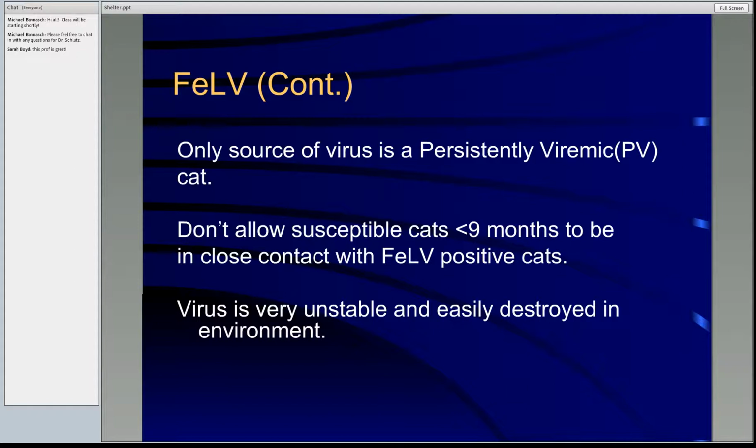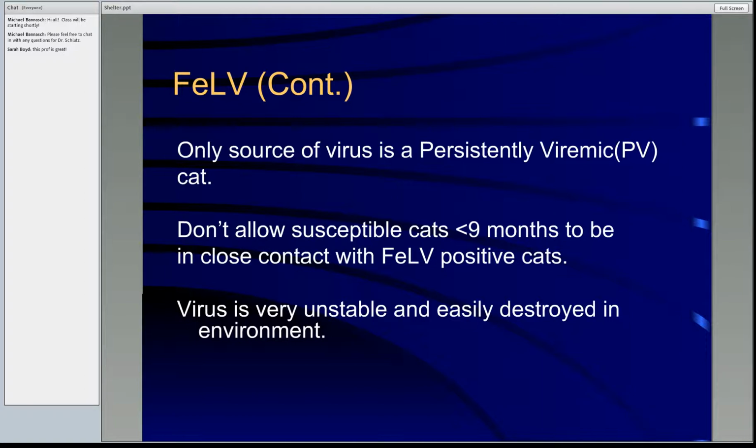So the only source of these two retroviruses, FIV and FeLV, really is an infected animal. And those viruses are extremely labile. They die within minutes outside the host, so they don't become environmental contaminants or a source of infection through contamination.